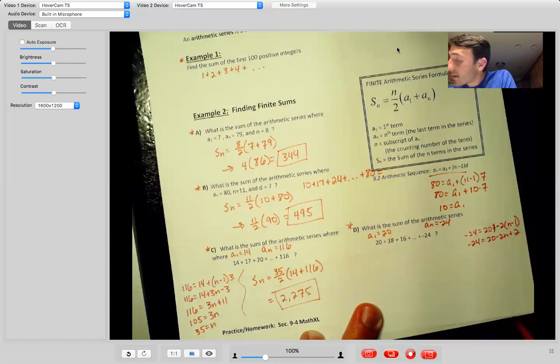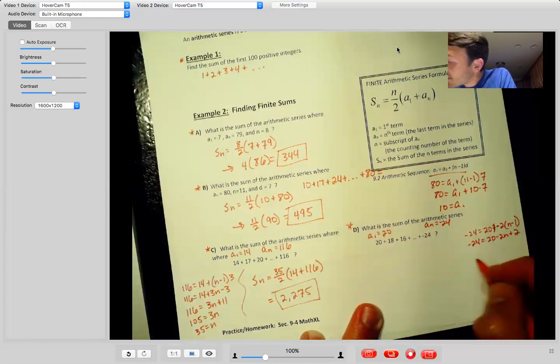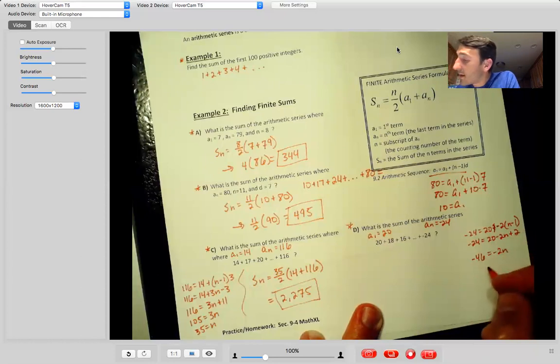So that's going to be 22. If I take away 22 from 24, that would give me negative 46. So that tells me that that is the 23rd term.